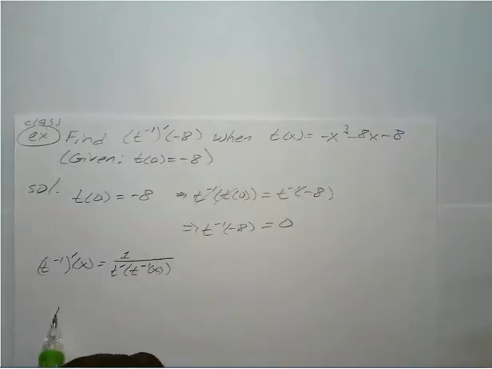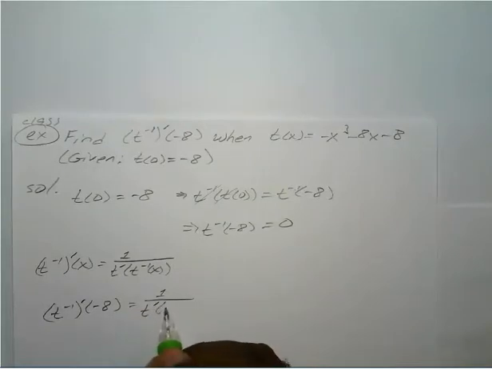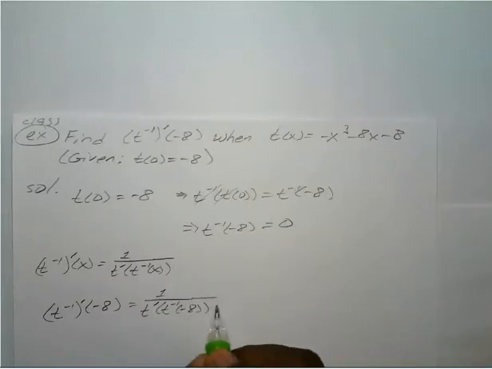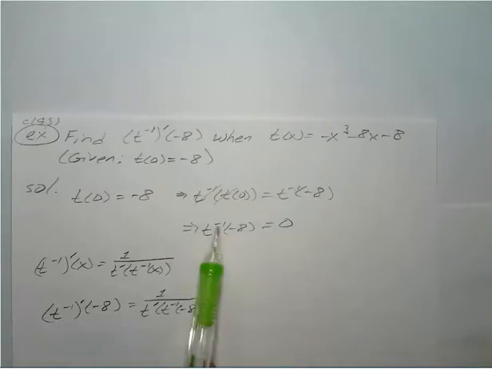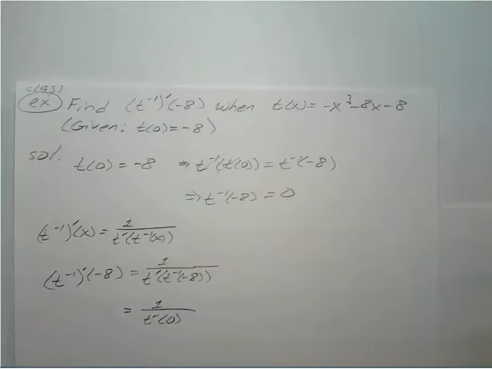So that means our t inverse prime at -8 is equal to 1 over t prime of t inverse at -8. Okay, luckily enough, we know that our t inverse at -8 is equal to 0. So that means it's going to be 1 over t prime of 0, once we replace that with 0.